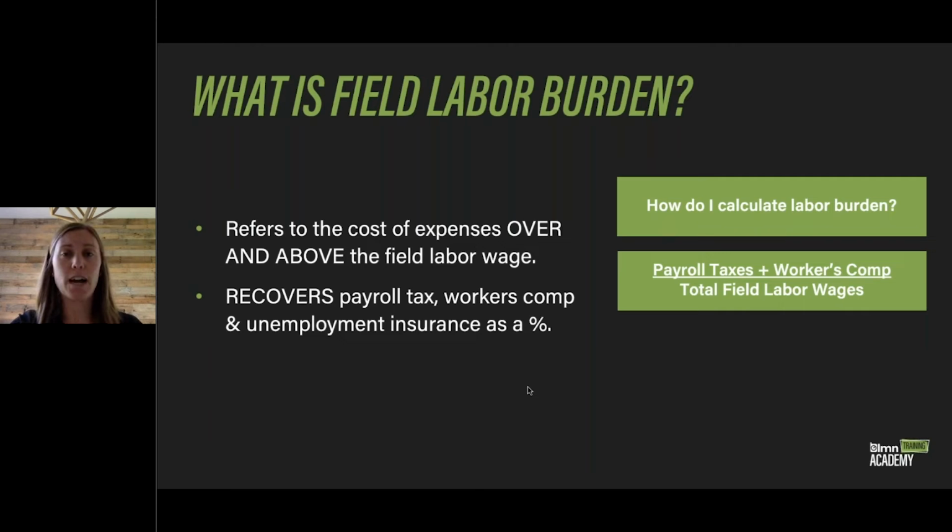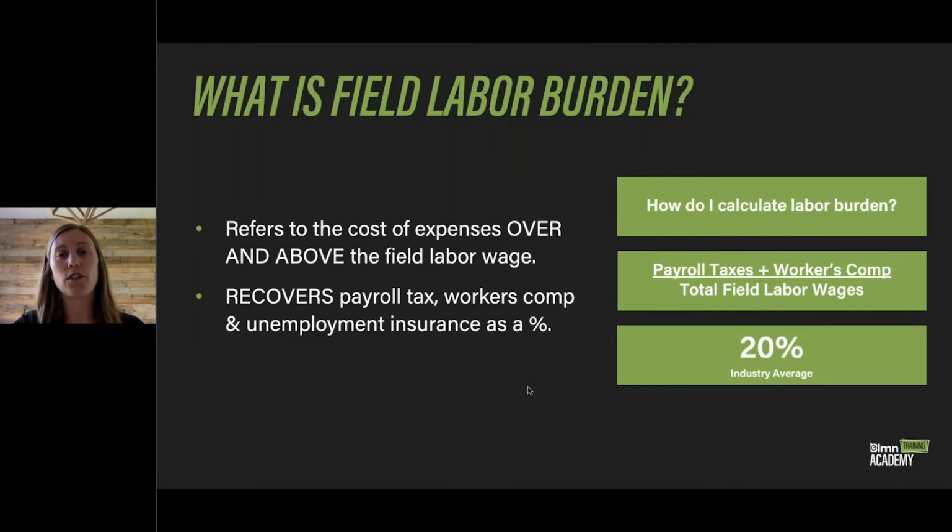If you don't want to do the math, we do have an industry average here for you. You can enter in 20%, and that'll make sure you include a certain percentage for those additional payroll taxes or workers' comp or any of those additional fees on top of the hourly or the salary rate.